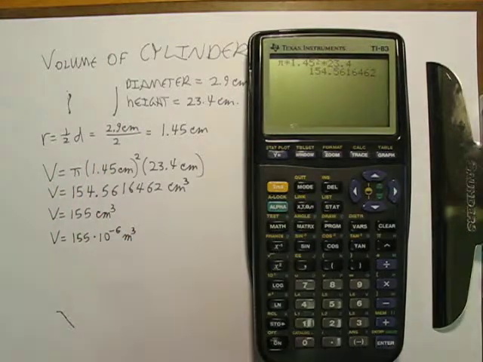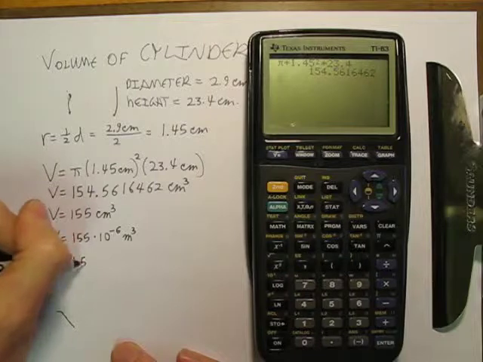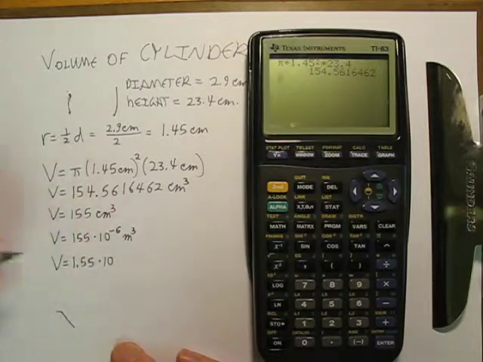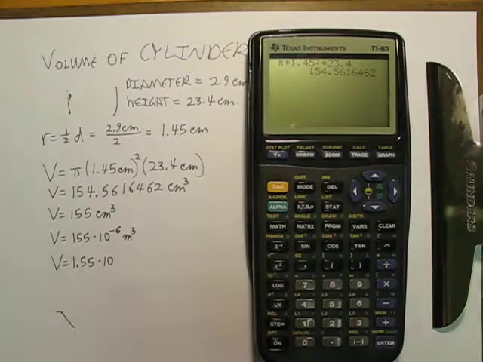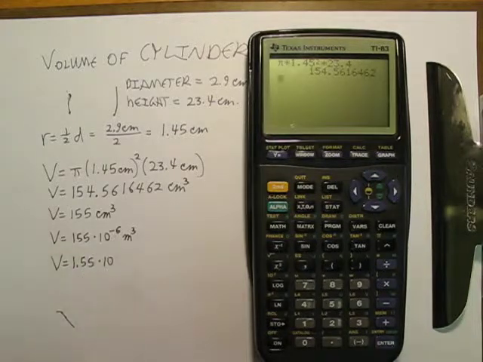Now we have to put it into proper scientific notation. Proper scientific notation says that it should be 1.55 times 10 to the, okay, now we made this number smaller by 2 decimal places, so that means we have to make the exponent larger by 2.